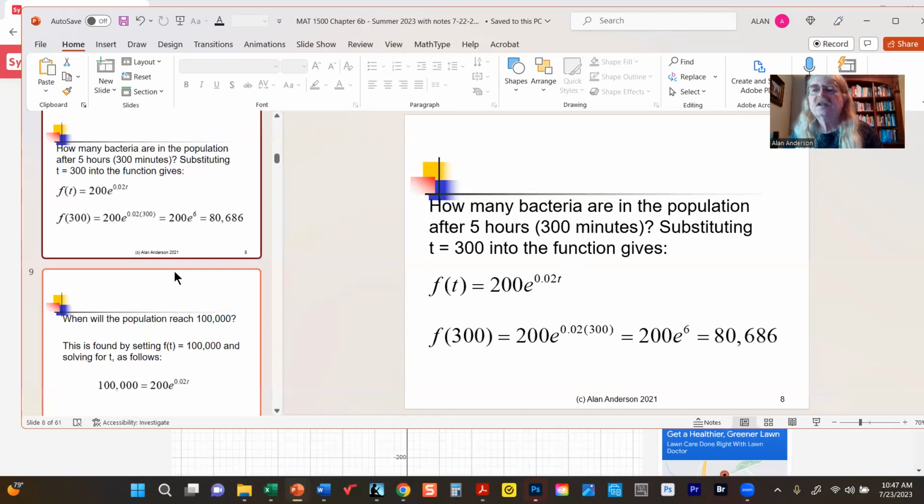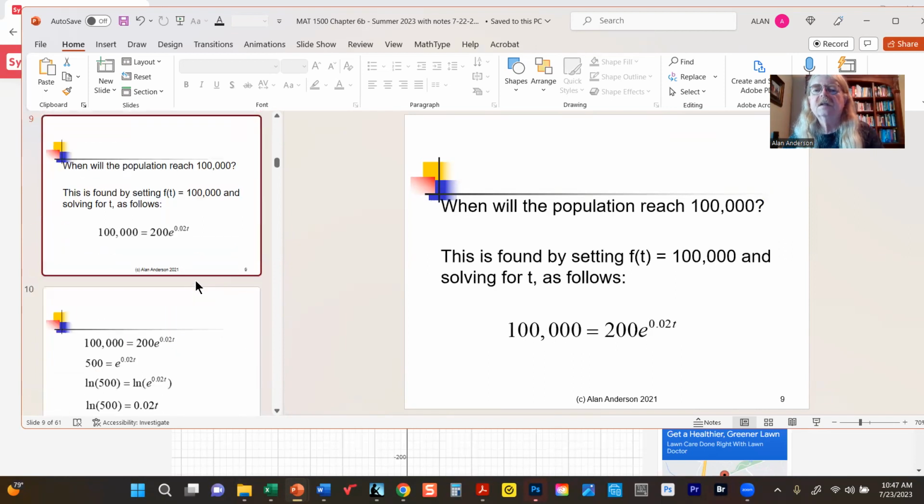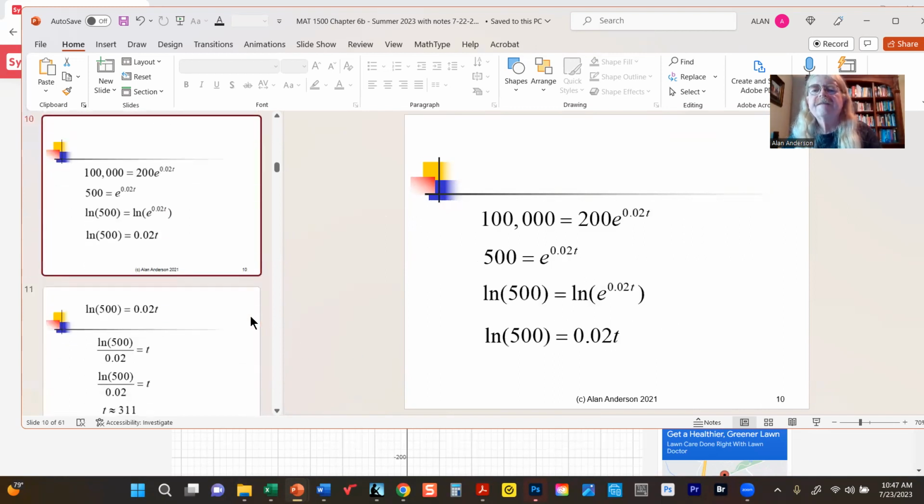And you could also ask questions like this: how long will it take to reach 100,000? So now you're solving for t. Okay, so we're trying to figure out the appropriate value of t when the function is equal to 100,000. So you can see all you have to do is algebraically divide out both sides by the 200. So you've got 500 equals e to the 0.02t.